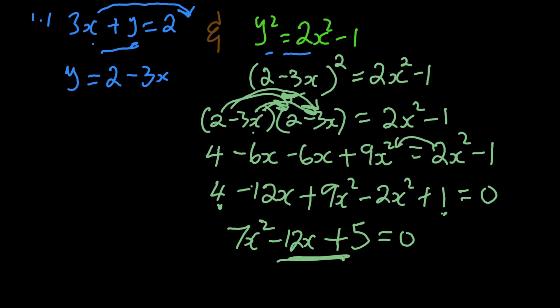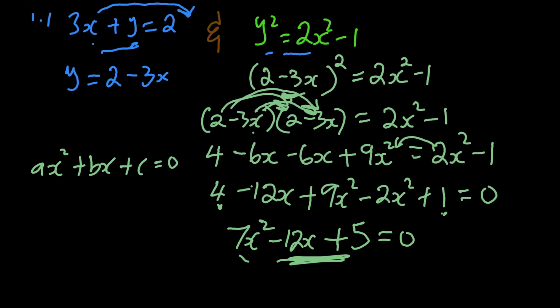So what are we going to do? This is a quadratic equation, so we'll solve it using the quadratic formula. So you have ax squared plus bx plus c equals 0.